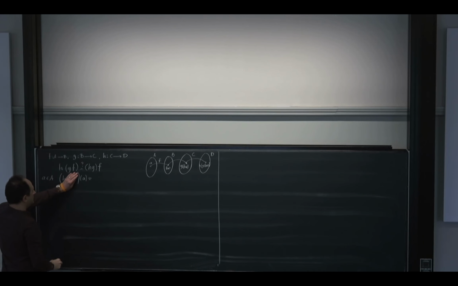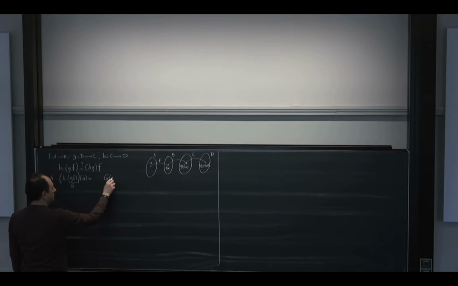So consider a function, give it a name in your head, for example, capital G, then I have h of G acting on a. According to the definition, G should act on a, and then whatever it is, I have to apply h on it. But G of a itself, what is G?